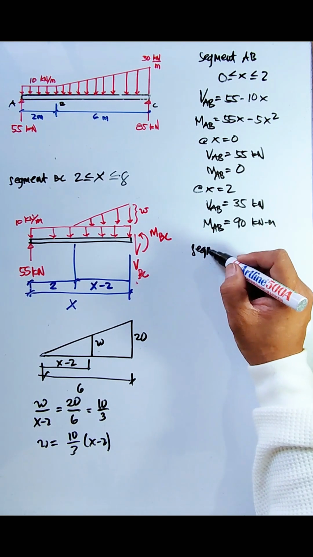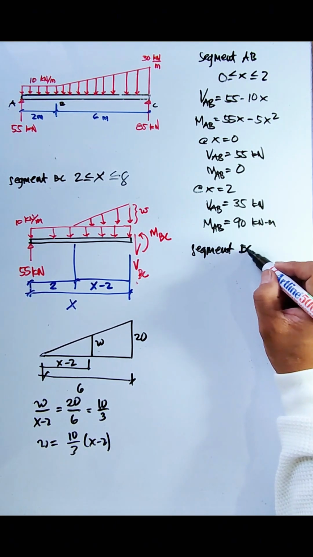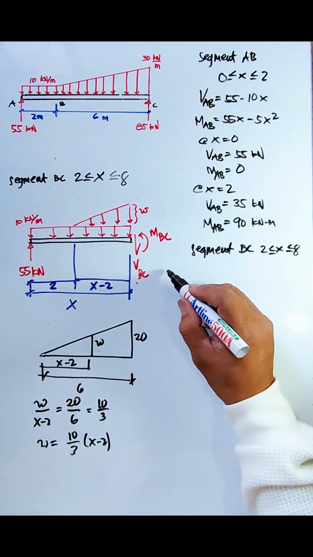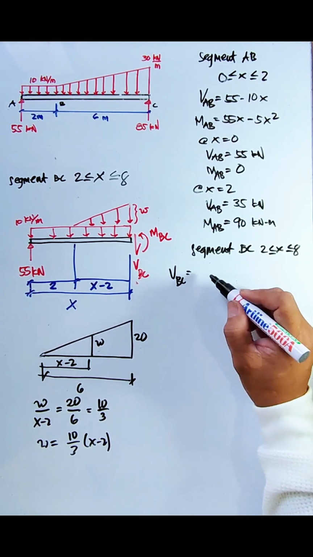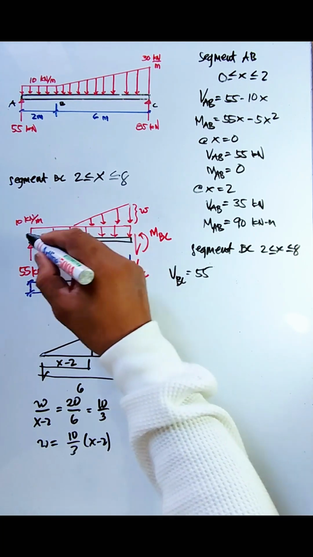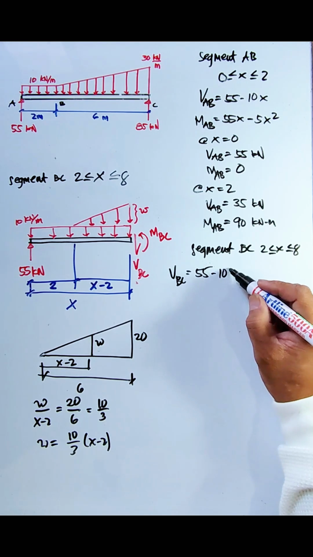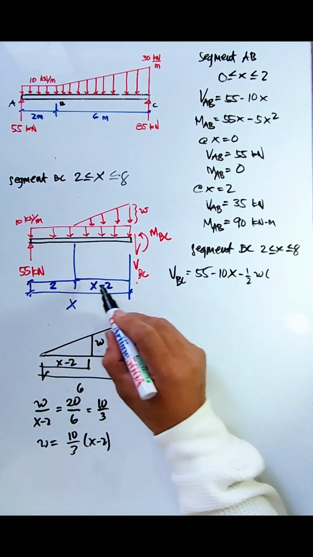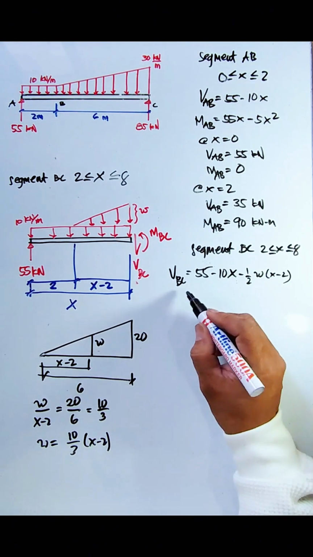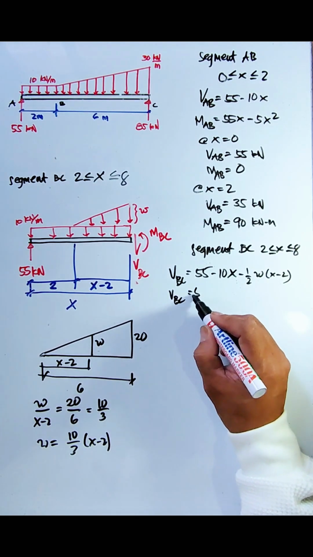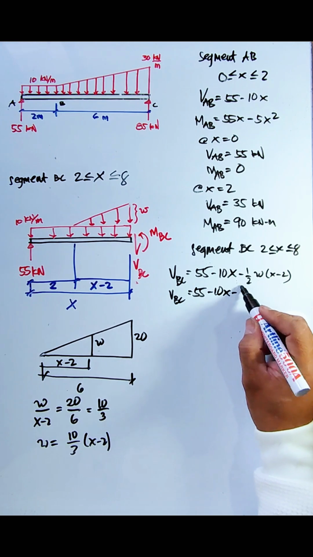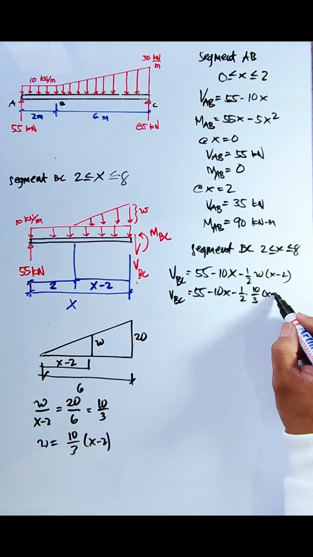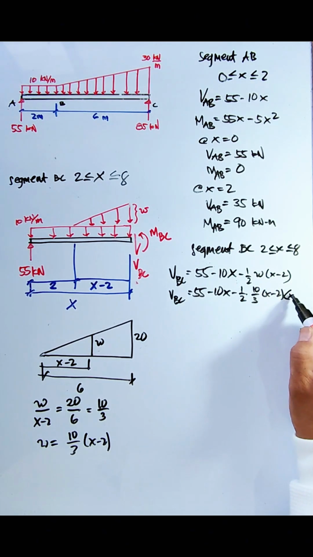So segment BC, where our x is from 2 to 8, the shear is 55 minus this, that's 10 times x, minus this, that's 1/2 of W times x minus 2. And our W is this one, 10 over 3 times x minus 2, times this.